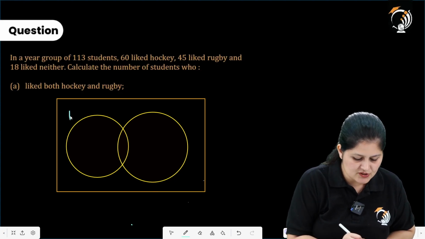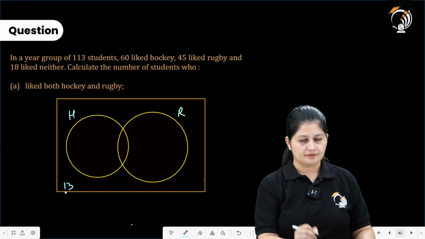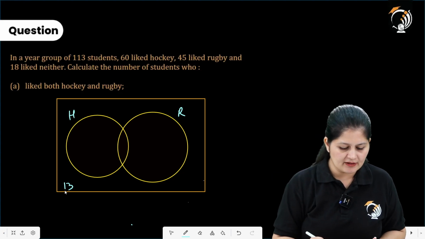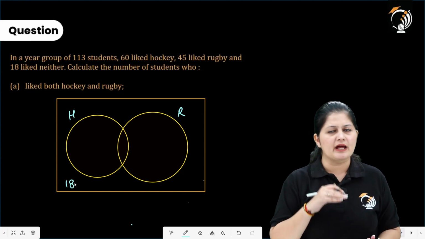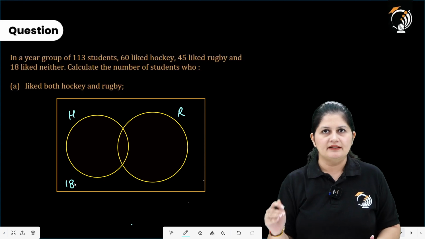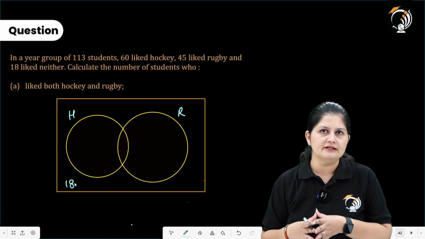So let's say this is for hockey, this is for rugby. We know that 18 are the ones who like neither hockey nor rugby. Yes. Further, there are a total of 113 students.